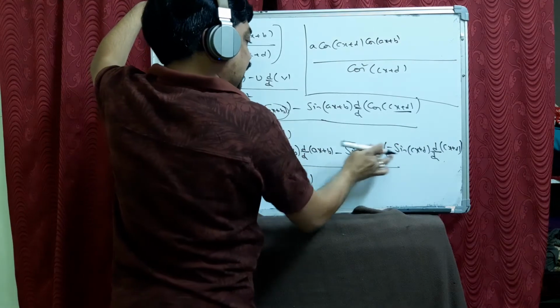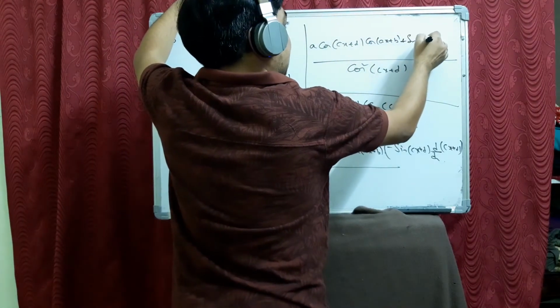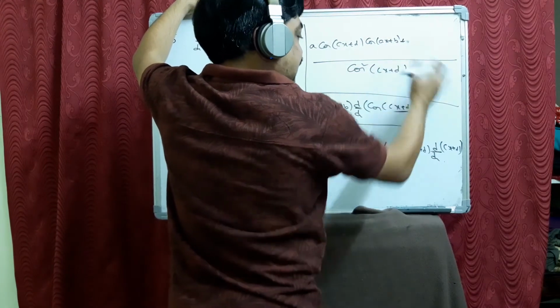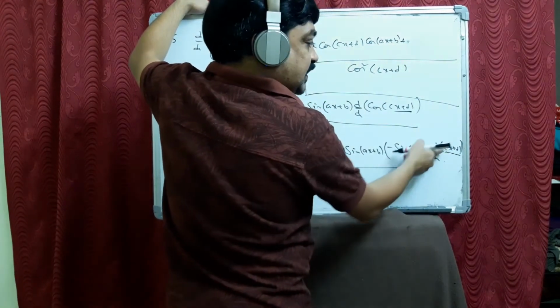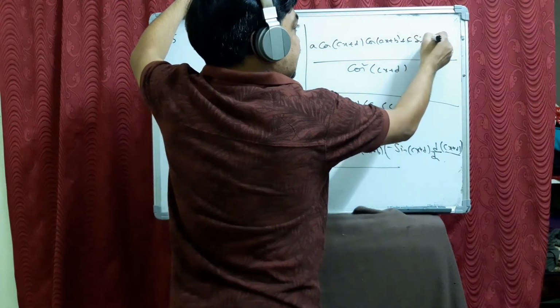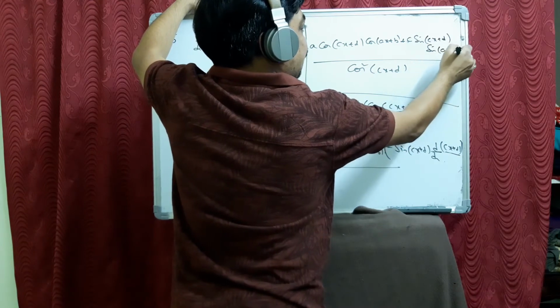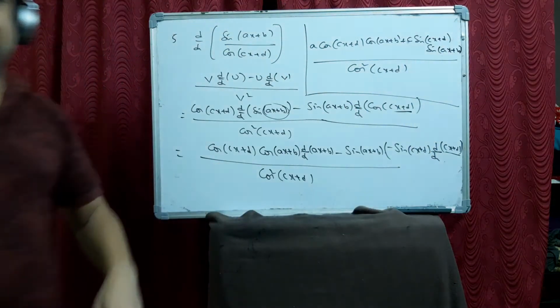And this minus of minus, it becomes plus sin of ax plus b. So better write c first. The derivative of cx plus d is c into 1 plus 0. Write c sin of cx plus d into sin of ax plus b. Just leave it like that. That's all.